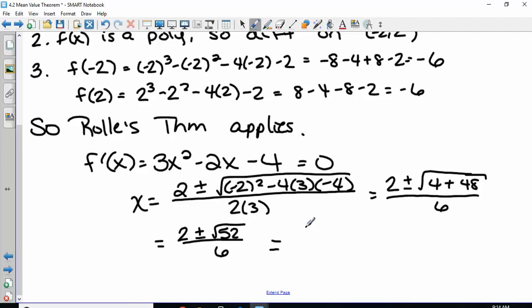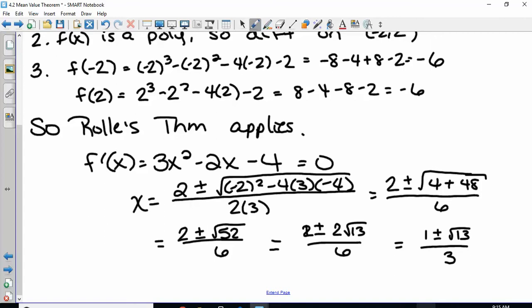So 52 could do 4 and 13. Square root of 4 is 2. I get 1 plus and minus radical 13 over 3. Those need to fall between -2 and 2.